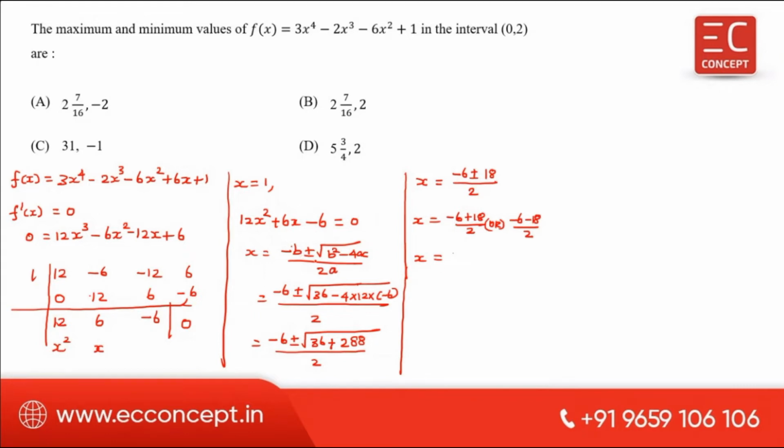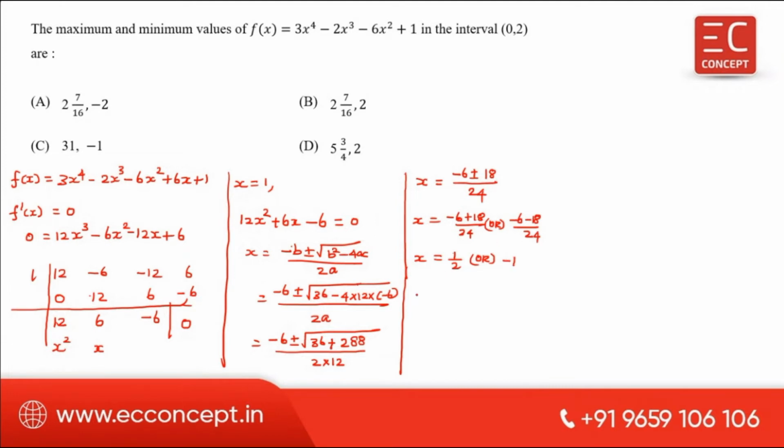Minus b plus or minus root of b square minus 4ac divided by 2a. Here a is equal to 12, so 2a is 24. So if we simplify, this is 12 by 24, which is 1 by 2, or this is minus 24 by 24, which is minus 1.